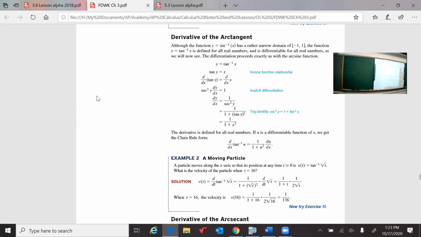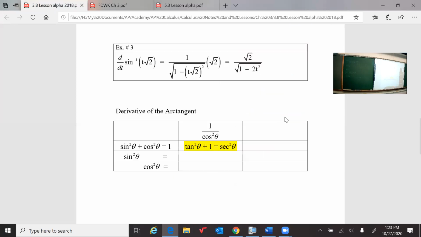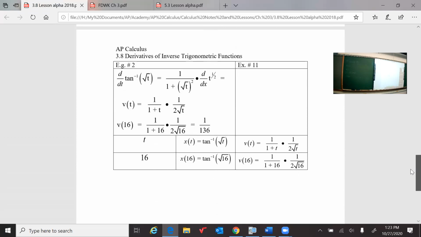So example 2 says this. This is your position, the inverse tan of root t. We want the velocity. So we just go to the algorithm, and where there's a mu, we paste root t.